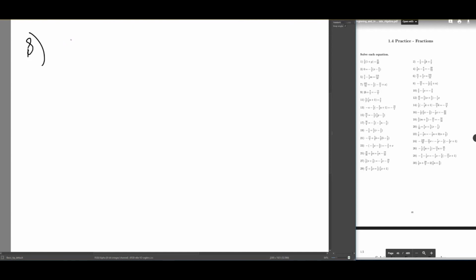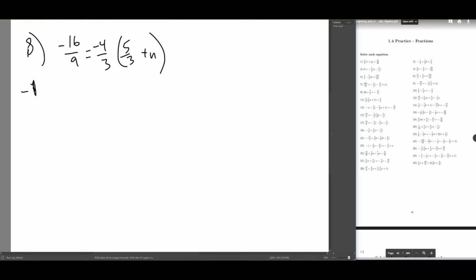Number 8. Bueno, what's number 8? Minus 16 over 9 equals negative 4 over 3 times the quantity 5 over 3 plus n.